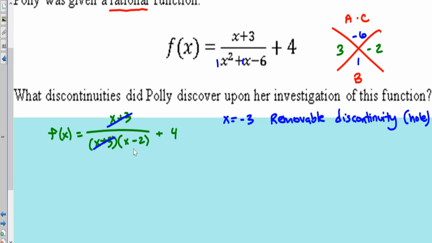And then the value that's left over here, when x equals 2, that's an infinite discontinuity, because you're not allowed to divide by 0. If x is 2, we're dividing by 0 here. So that is an infinite discontinuity, which will provide a vertical asymptote.